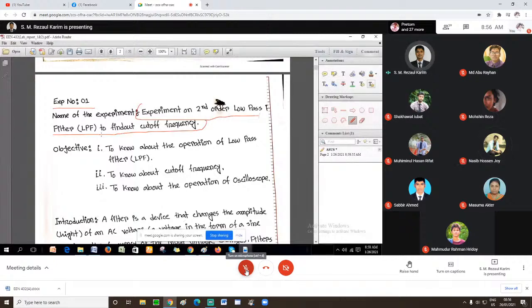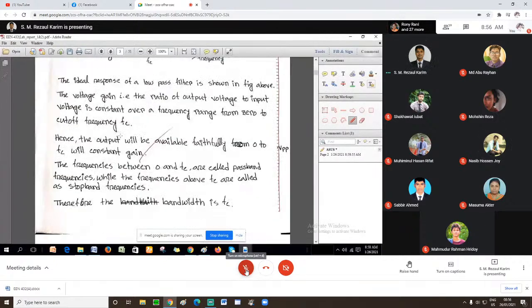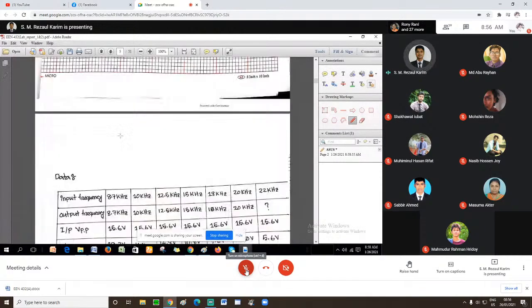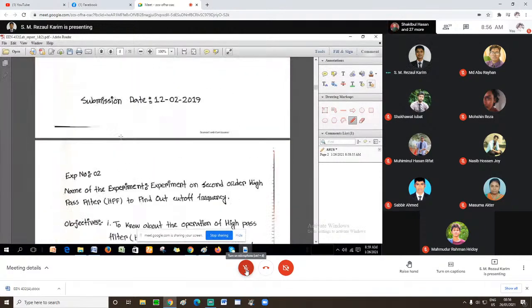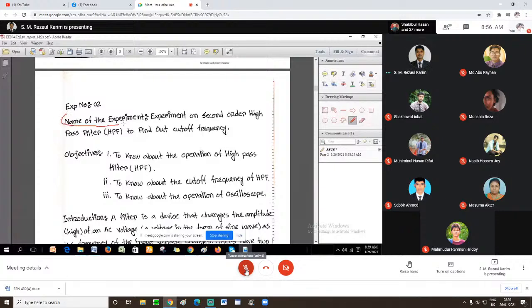This is experiment one. Again, for experiment two, look at here. In experiment two, experiment on second order high pass filter to find out cutoff frequency. So what is the difference between the first two experiments? First one was a low pass filter, and the second one is a high pass filter.